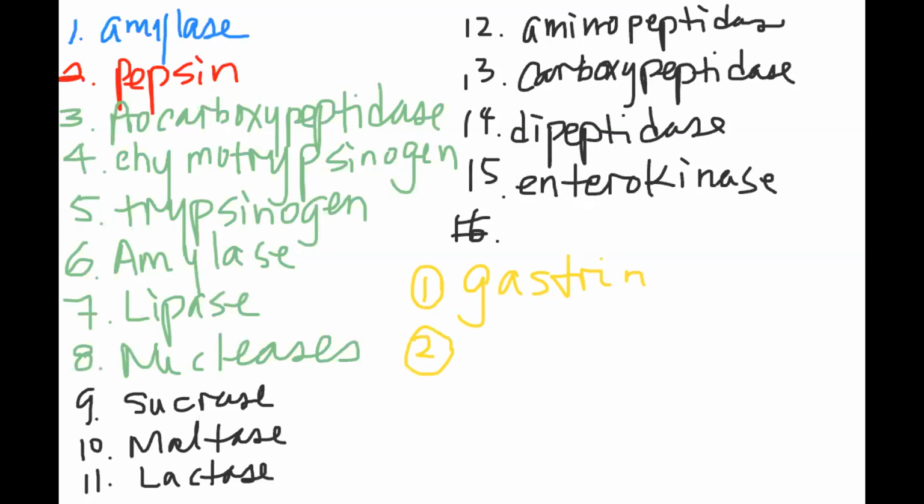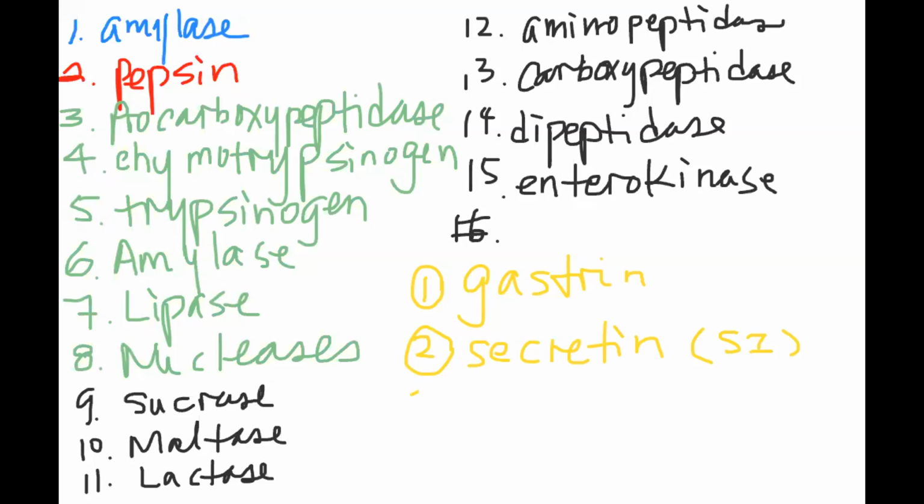Number two is called secretin. Secretin is from the small intestine. Secretin can stimulate the pancreas to release more bicarbonate-ion-rich pancreatic juice.